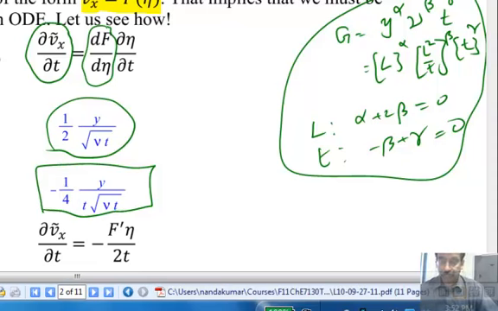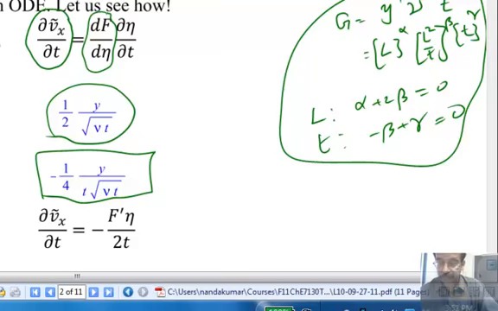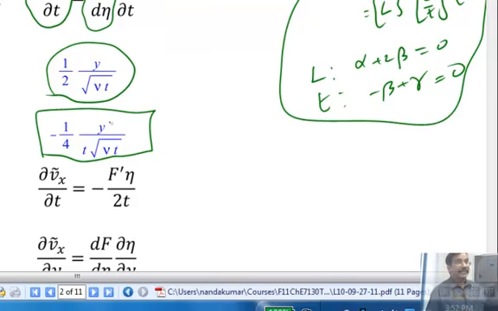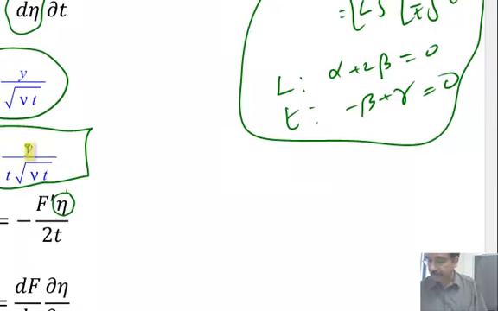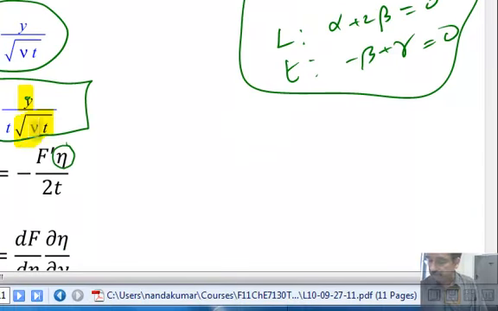Okay, but I realize that y divided by 2 square root of nu t is nothing but eta. Okay, so I can take the y square root of nu t, and write 4 as 2 times 2 and take one of the two and combine that all into eta.